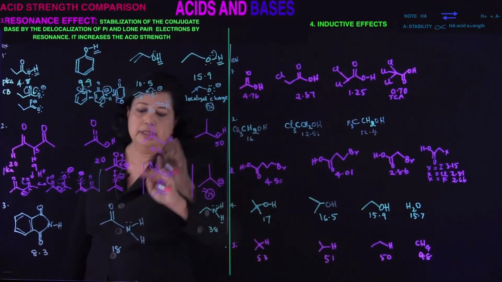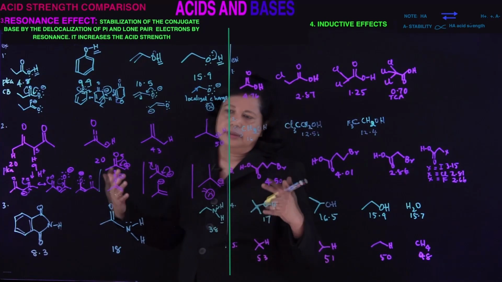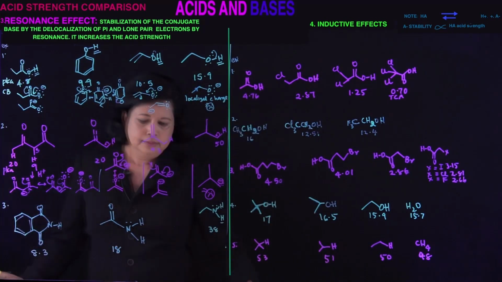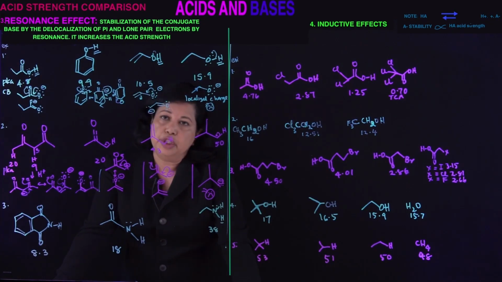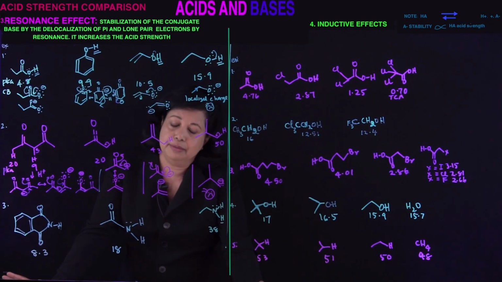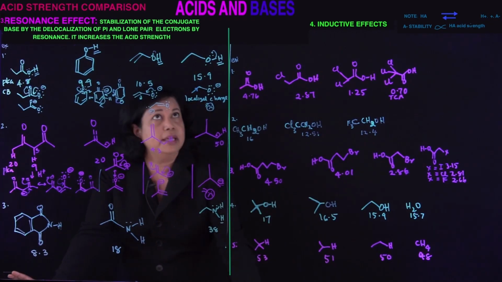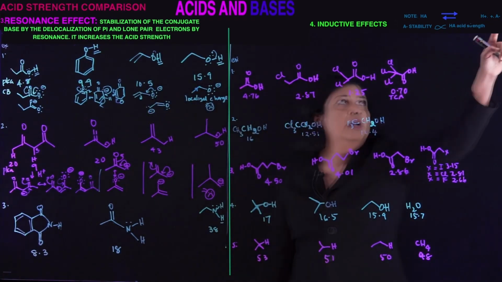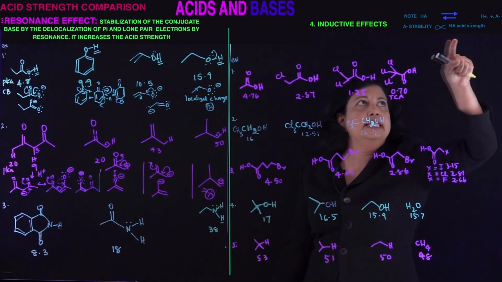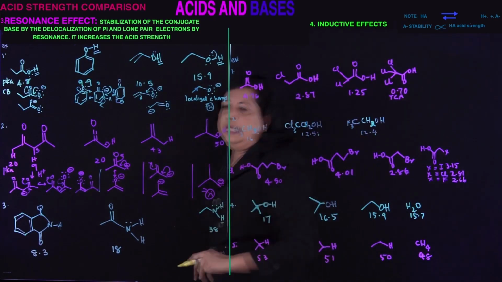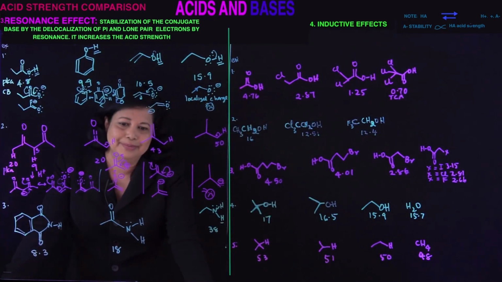Pretty much over here. I hope that's helping drive the point home, right? More resonance structures and more resonance structures that distribute the charge on electronegative atoms, the more stable the conjugate base. The more stable the conjugate base, the higher the Ka goes. As a consequence, H plus is going to increase. Therefore, the pKa is going to drop.